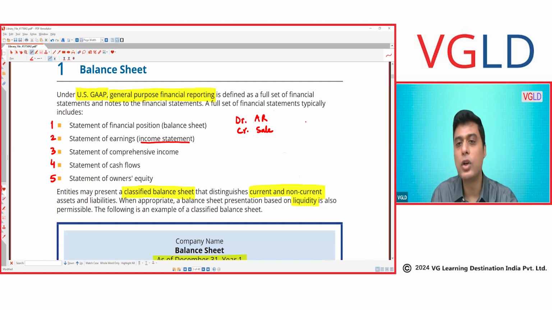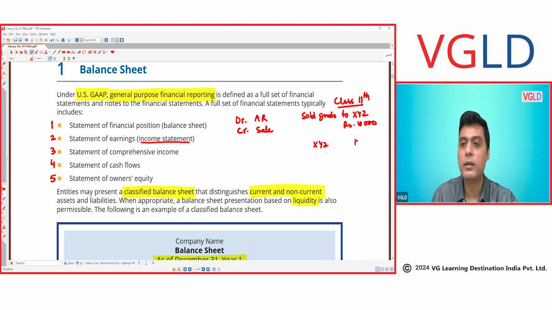Now, I know I have asked you to go through the class 11th book to brush up your basics. When you sell something to someone on credit, for example, sold goods to XYZ, rupees 10,000, and you see the answer in your class 11th book, it would be XYZ account debit to sales.